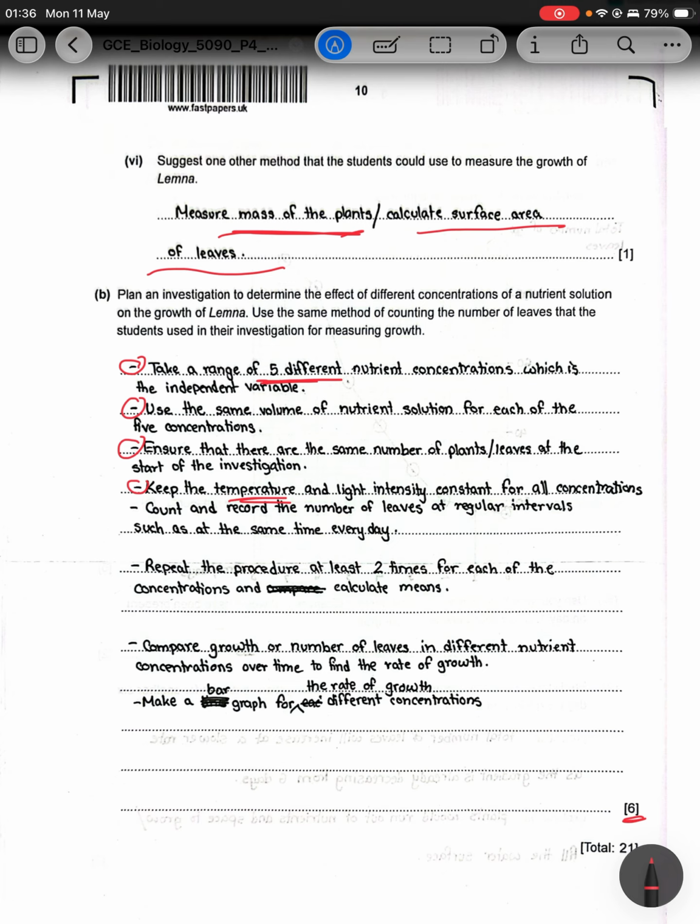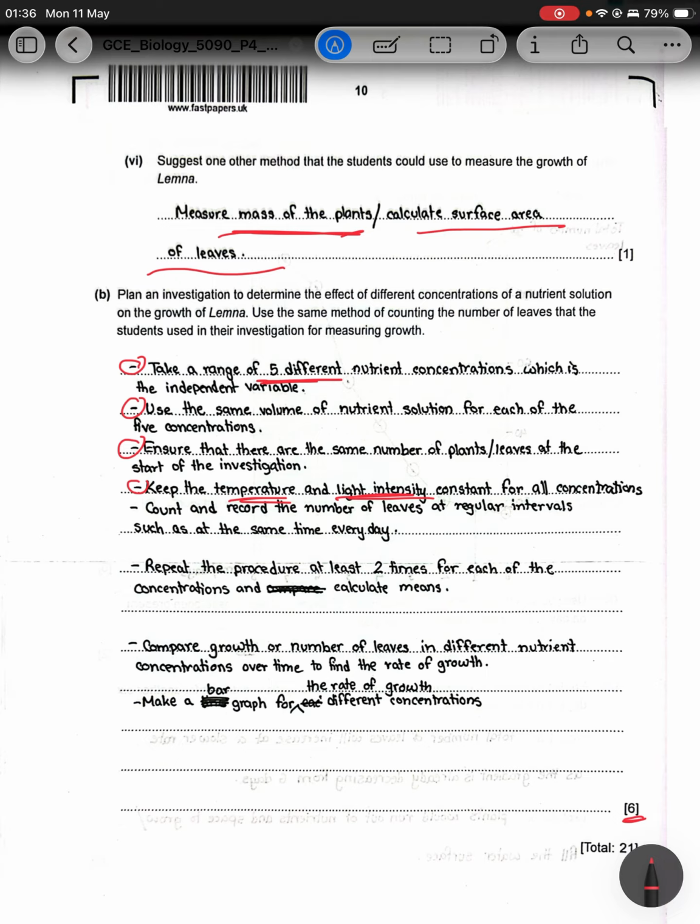Keep the temperature and light intensity constant for all concentrations. For these 2 control variables, you can just mention 1 to get 1 mark for mentioning control.